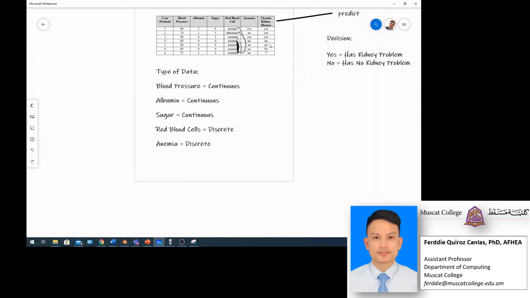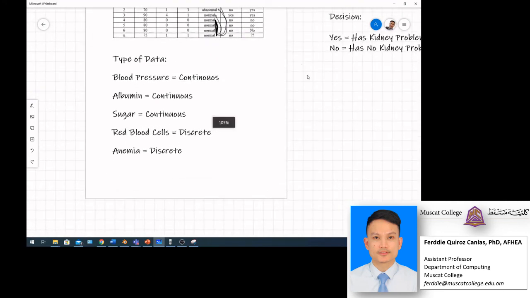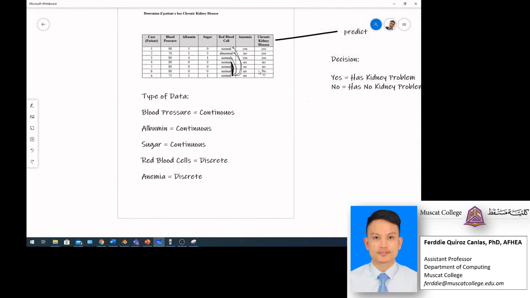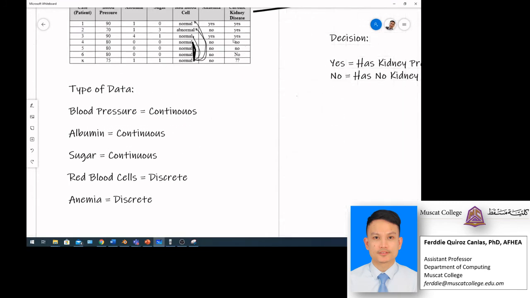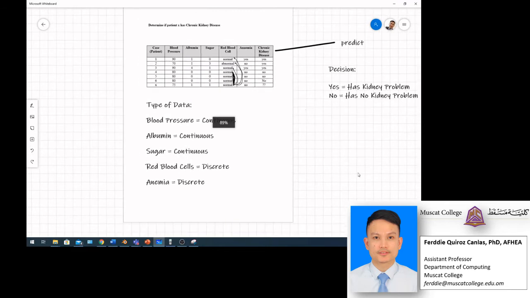Case 4, 5, 6, it says no, correct? So, meaning we can conclude that patient 7 or patient X has no kidney problem.